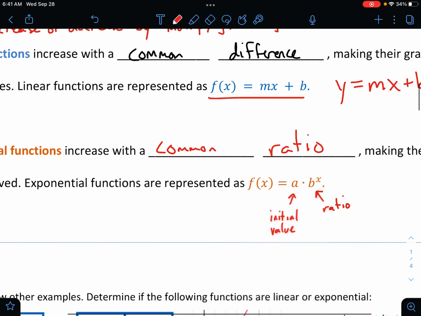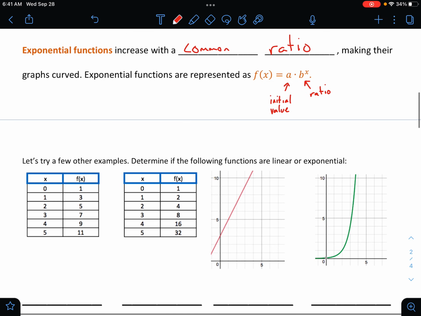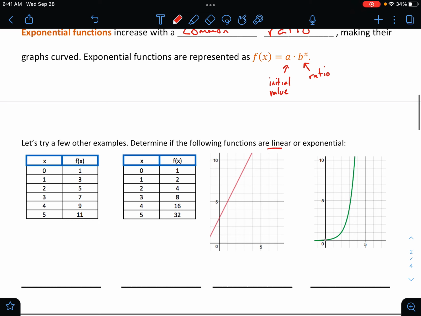All right, so let's try a few other examples here. Determine if the following functions are linear or exponential. In this first table, go 1 to 3, 3 to 5, 5 to 7, 7 to 9, 9 to 11. That is adding 2 every time, so that would be linear. My handwriting's superb today. Table 2 looks like 1 to 2 is plus 1, but 2 to 4 is not plus 1.